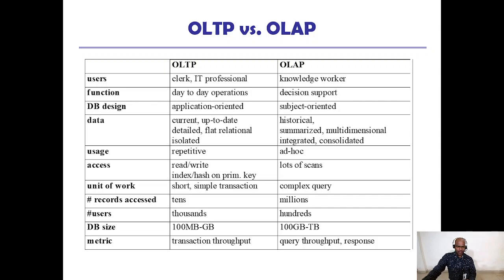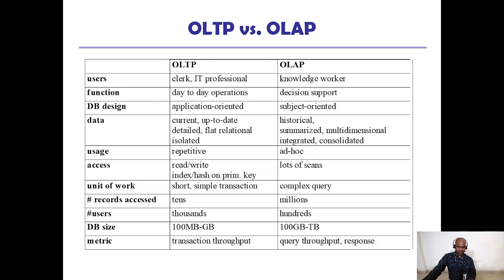The uses of OLTP databases are repetitive, whereas the OLAP is ad hoc. So typical operations performed on OLTP are read-write operations or index hash on primary keys. The typical operations on OLAP are lots of scans which require some time to execute.